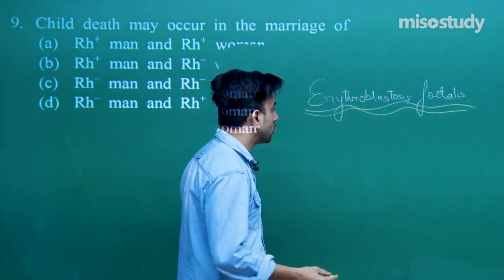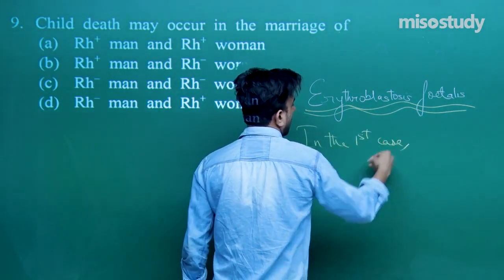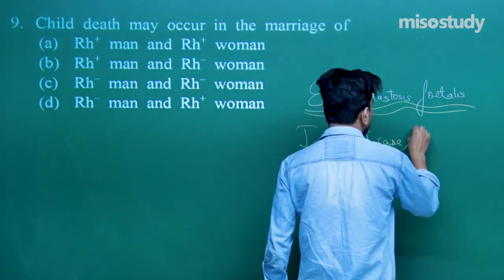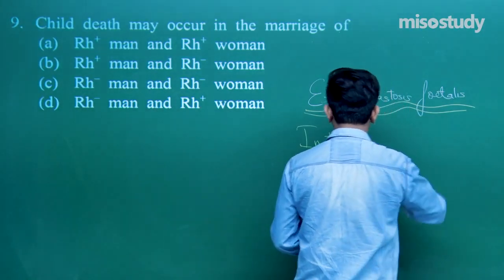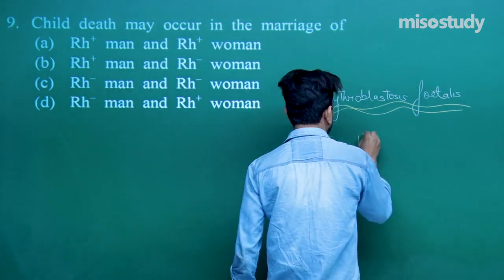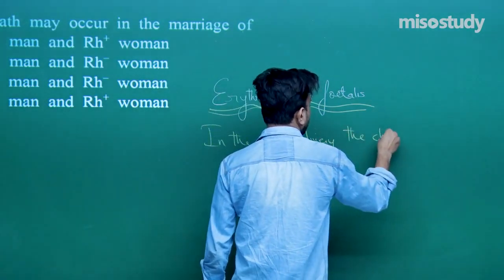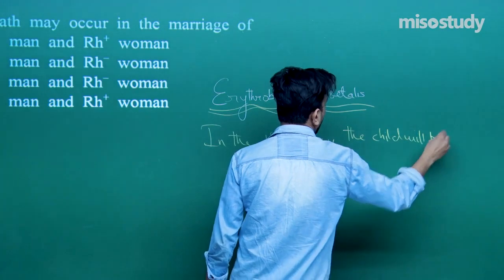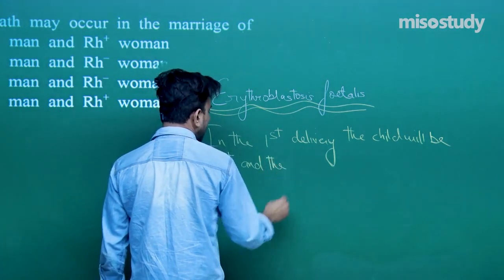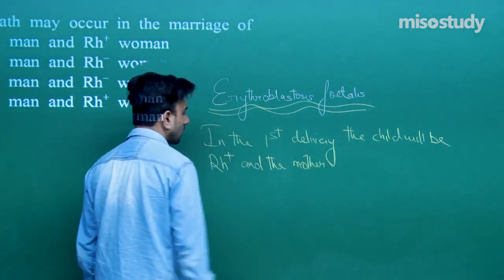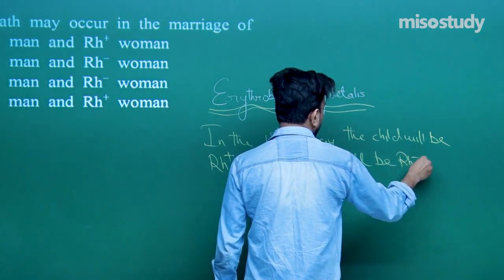Now what will we see here, that in the first case, in the first delivery, the child will be Rh positive, and the mother will be Rh negative.